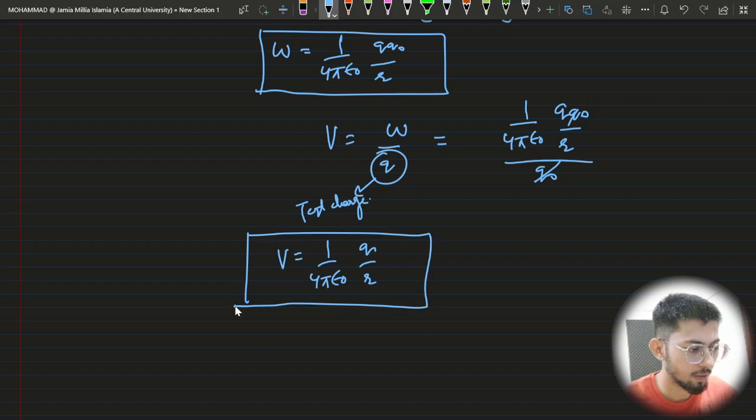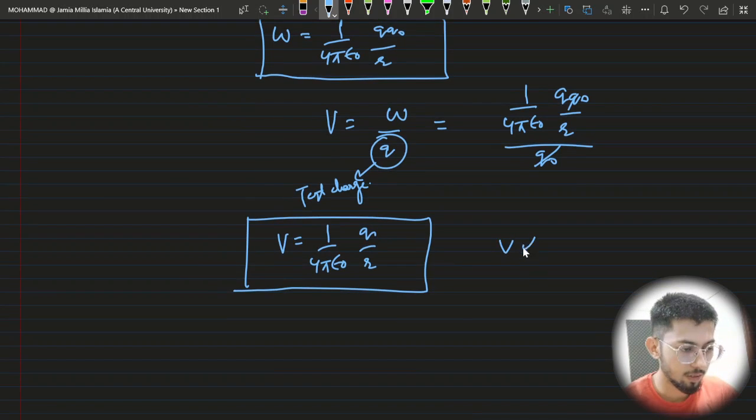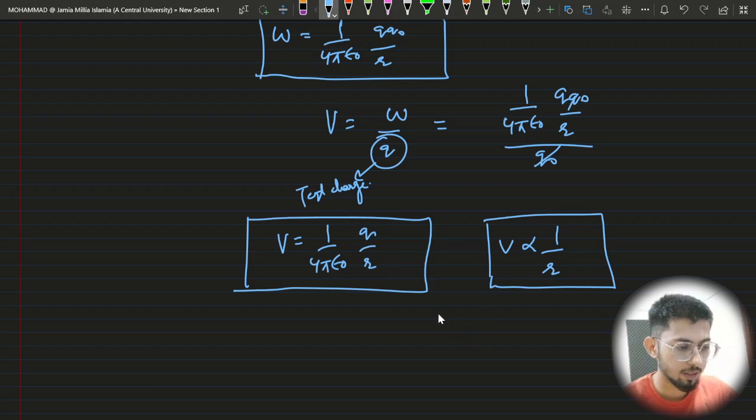This is the formula for potential, electric potential due to a point charge at a distance of r from it. So as you can see, this V is inversely proportional to r, right? And the electric field was proportional to 1 by r square, isn't it?